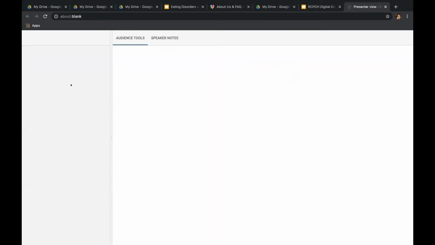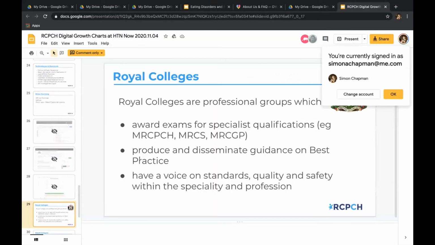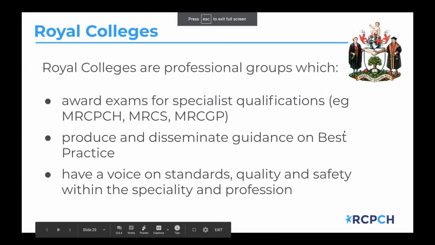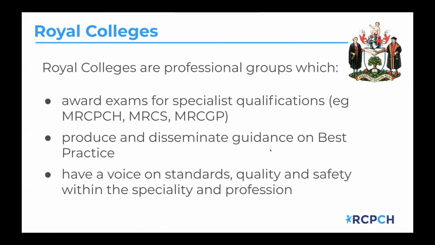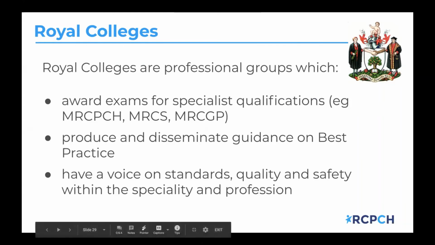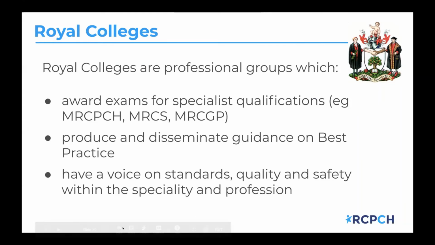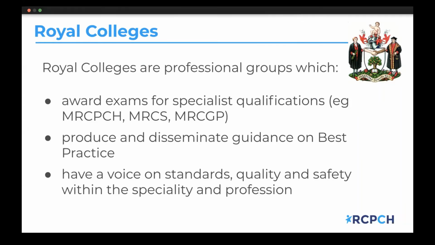I think you've switched to the presenter notes there. These organisations set standards, and they are responsible for quality and safety. In the UK, we have the Royal College of GPs, the Royal College of Surgeons, the Royal College of Paediatricians and Child Health, and these all disseminate best practice and guidance. And they've done that for years.